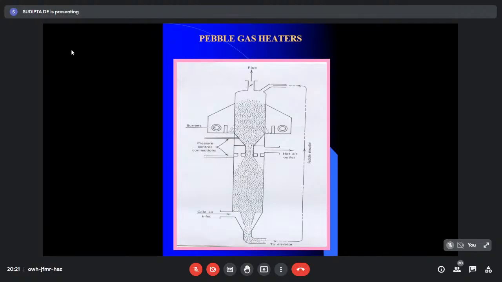Okay, hence an optimized operation has to be decided based on the particle density of pebbles.